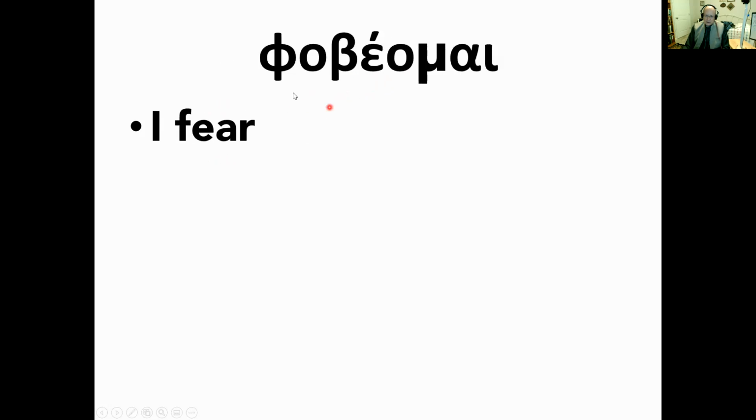By the way, this is easy to remember by the word phobos, the Greek word phobos. Phobos is the word for fear. And we have in English the word phobia, if someone has a type of fear.